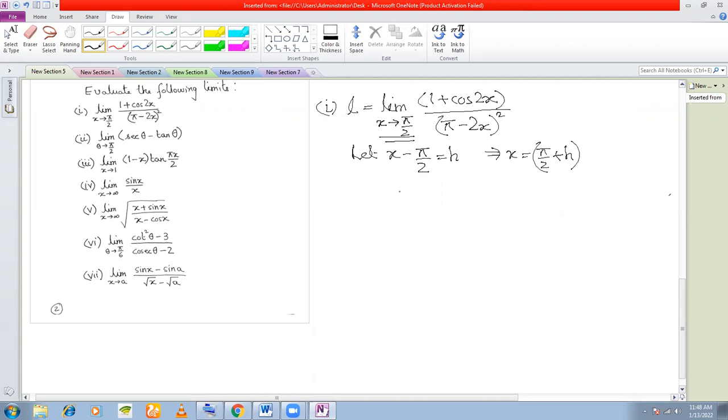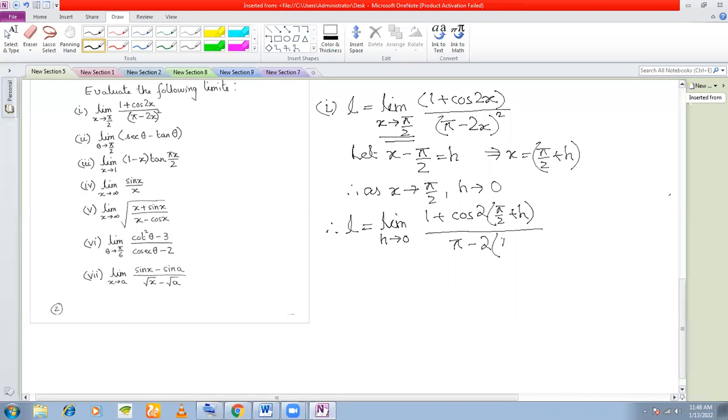So when x is equal to pi by 2 plus h, as x tends to pi by 2, h will tend to 0. So what have we done? We now change everything in terms of h. So x tends to pi by 2 becomes h tends to 0 of 1 plus cos of twice x, which is pi by 2 plus h, divided by pi minus twice pi by 2 plus h.